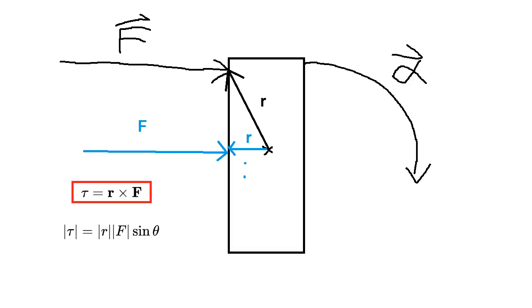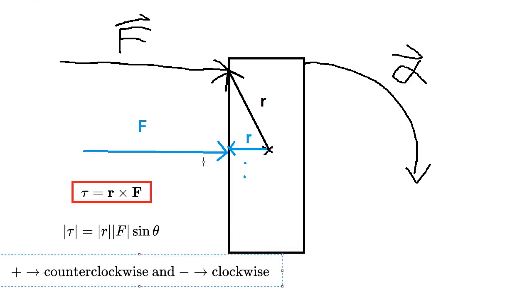And for the direction, you can use the same sign convention we used before, in which positive things are counterclockwise and negative things are clockwise. So in this instance here, where we have this black colored force up at the top, pushing on the top is going to try to make this thing rotate clockwise. So you would say that this torque here is negative. And that's sometimes an easier way to deal with this than doing the cross product every single time.